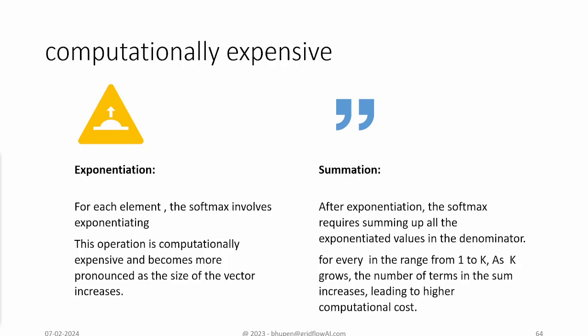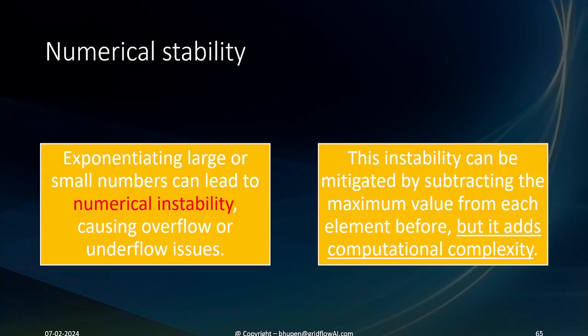So these two operations take up significant processing load, and this is what we are trying to address in this particular optimized way of Word2Vec training process. Another problem with the exponentiation is the numerical stability. Higher values can result in error, or it can result in numerical instability during the training process.